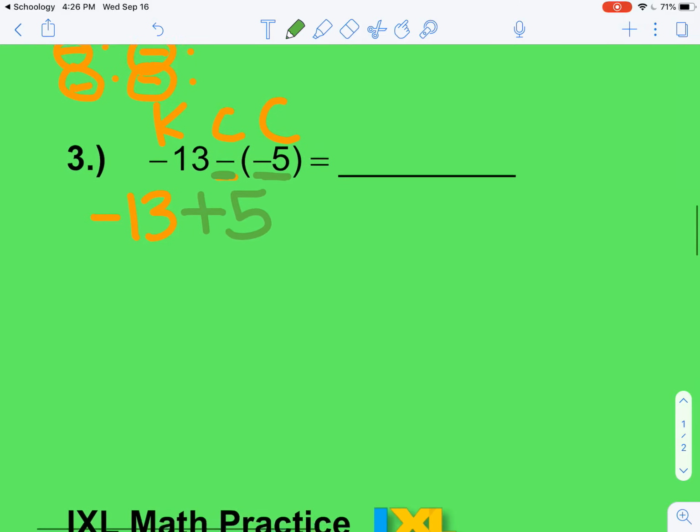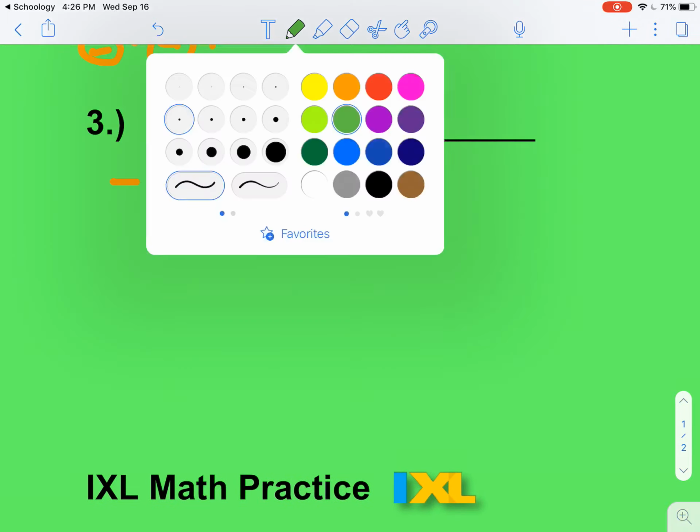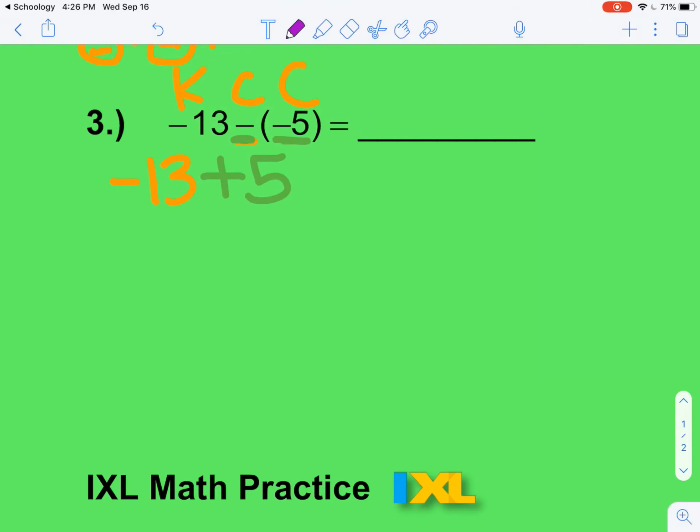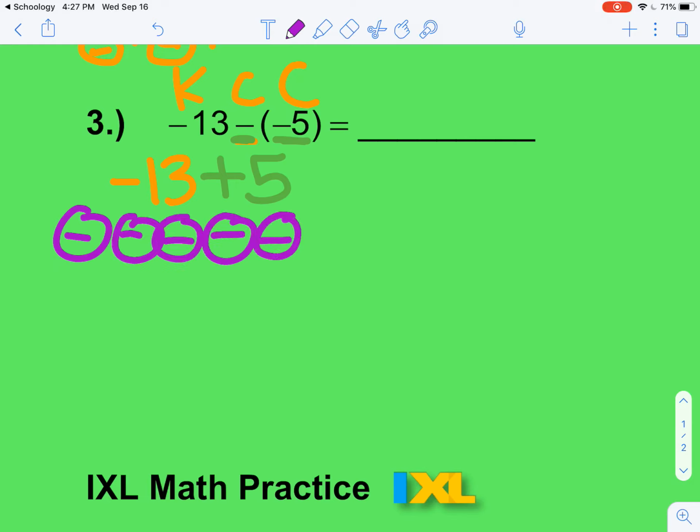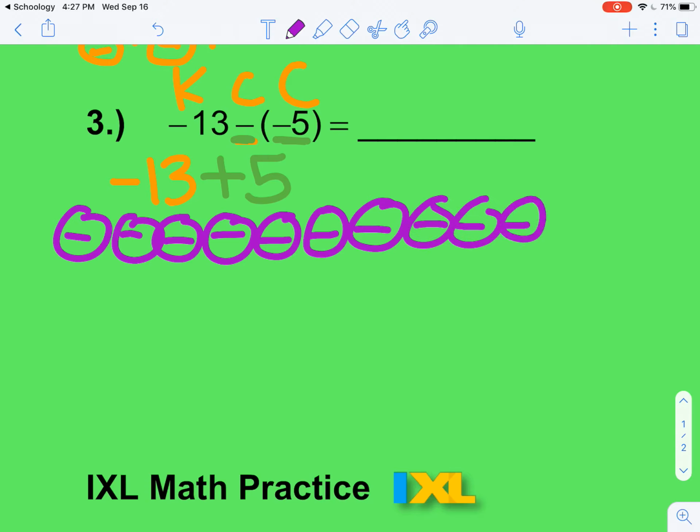Alright? So now what we're going to do is we are going to do our 0 pairs. So I have 13 minus signs. 1, 2, 3, 4, 5, 6. Alright, I think that was 13.